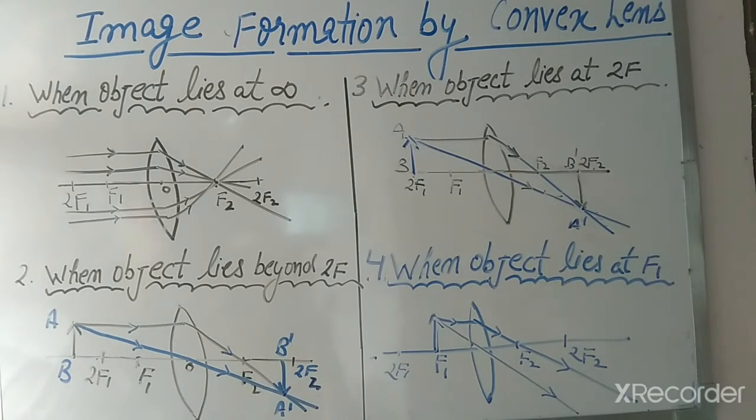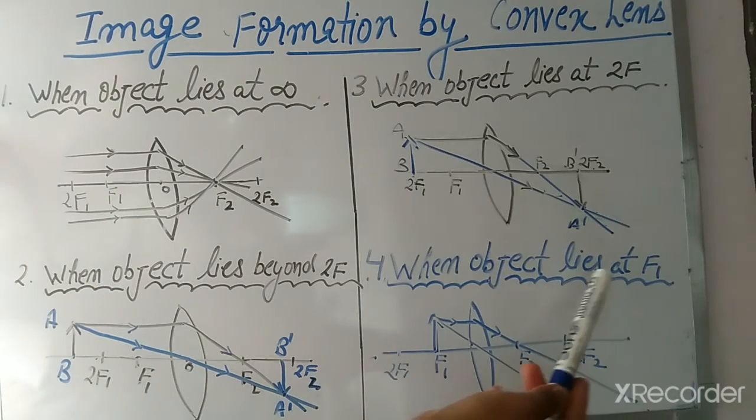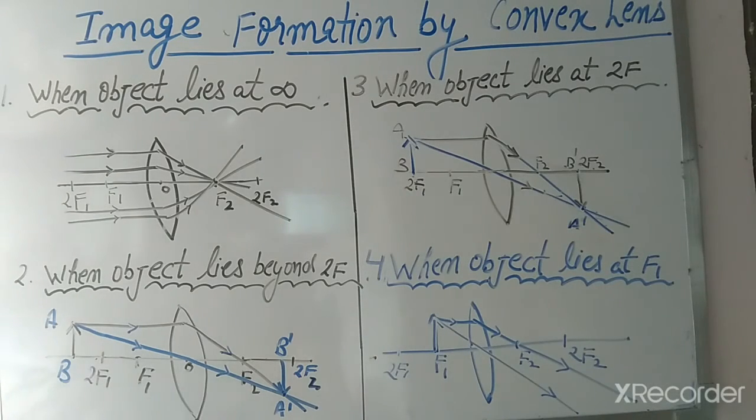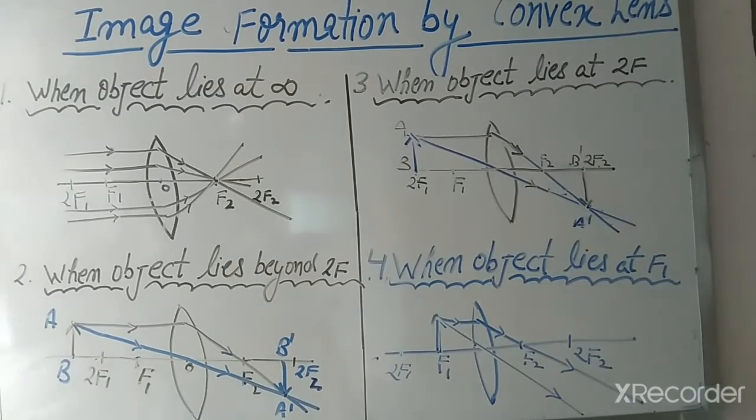Now the fourth case, when the object lies at f1. Here the object is placed at f1, so what will happen? First, a parallel ray goes from the top of the object and it will pass through the focus according to the rule. I am repeating that it is a rule, right? And a ray passes through the optical center.